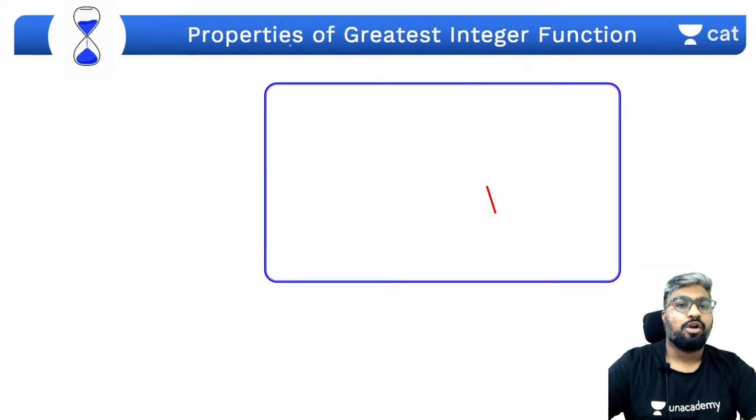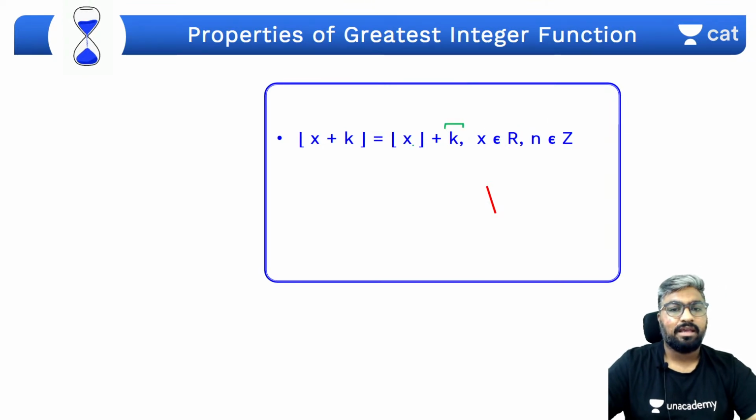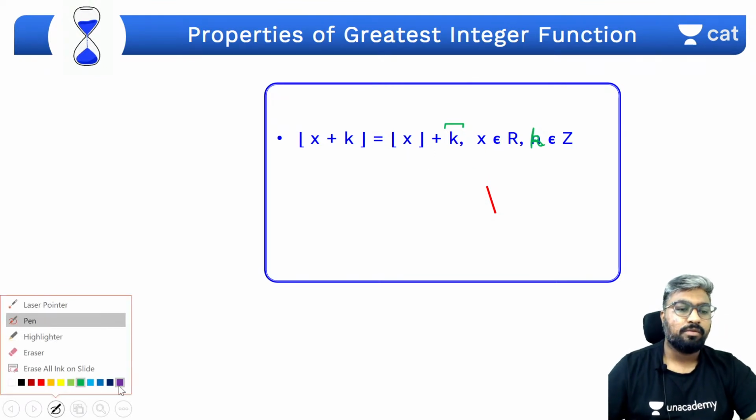Now we go to properties of greatest integer function. First property, f of x is equal to greatest integer function of x plus k. तो all you have to do is keeping in mind आपका k जो है, if k is an integer, then you can directly take k outside. अगर k इंटीजर है तो आप उसको बाहर ले सकते हो.